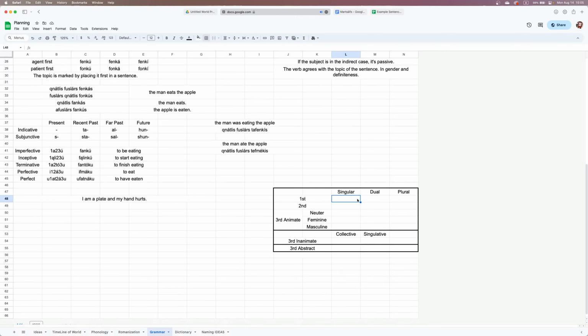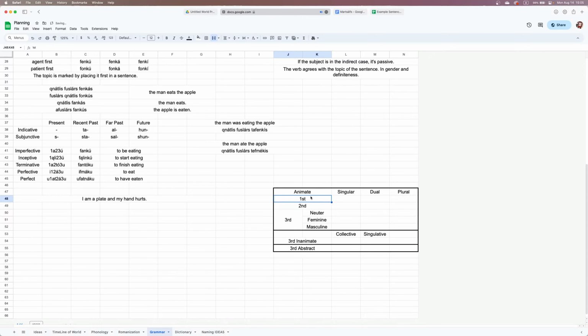I'm going to group first and second person in with the animate distinction, as first and second person usually, I'd say, most often refer to actual people or animate things.